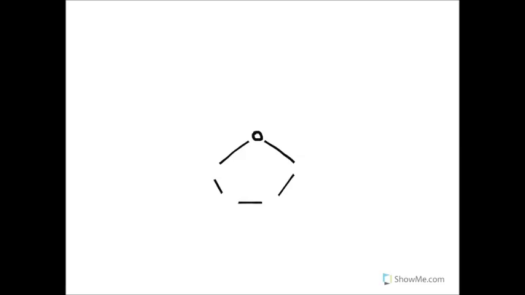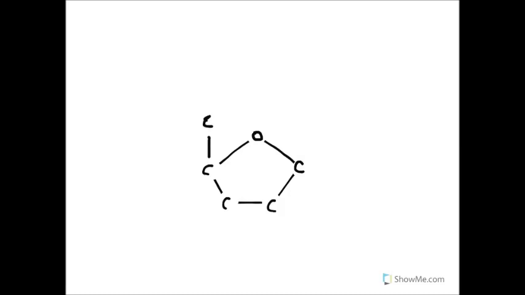So you're already wondering, well, I see 1, 2, 3, 4 more places to put atoms on this ring. Well, those would be carbons, and you may be wondering, you said that a pentose was a 5-carbon compound. So our last carbon, our 5th carbon, is going to go right here.